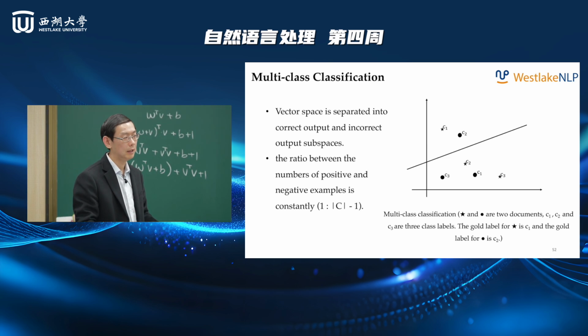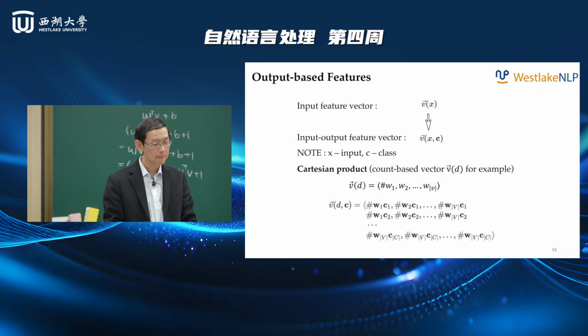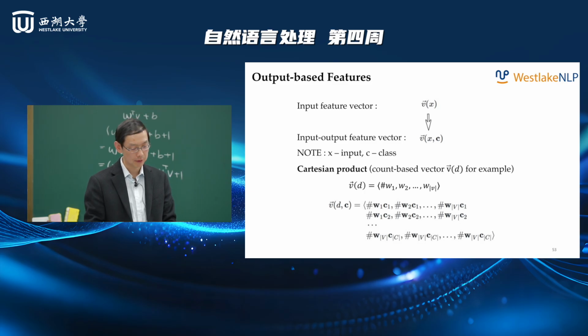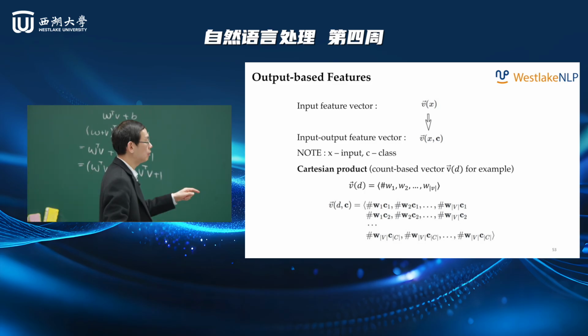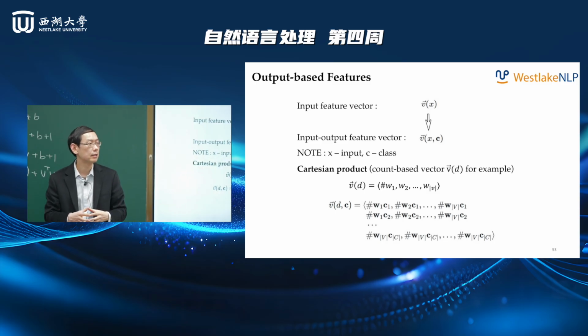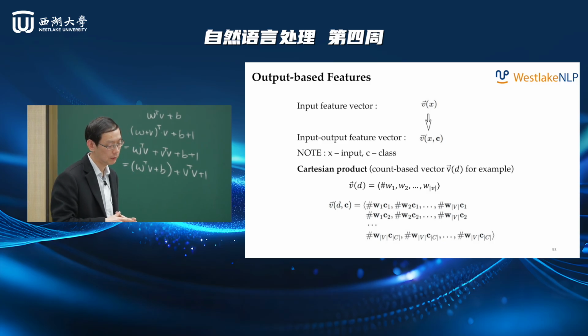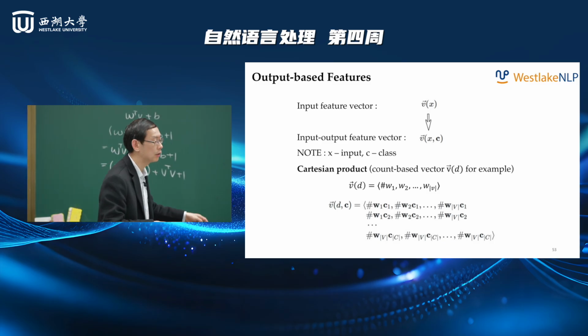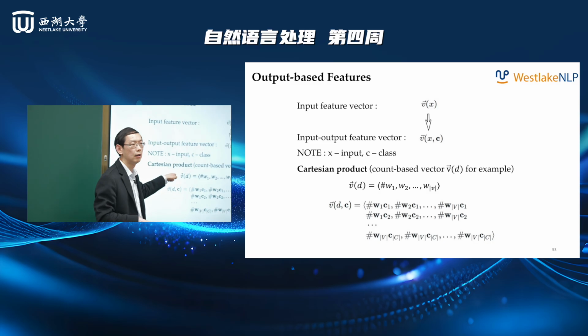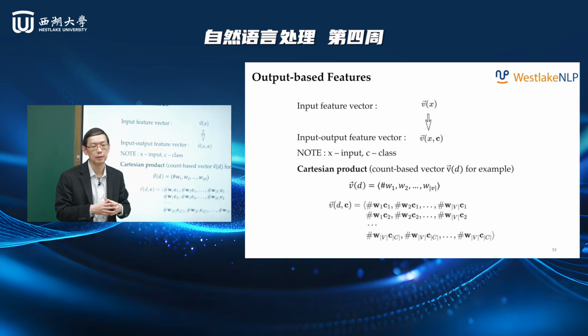And in this spirit, let us redefine. We have to change the representation. Originally we have Vx, right? Now we need to represent the whole thing with Vx and C. How do you turn a document and the class label into a vector? The document vector is like W1, W2 until WV, all the vocabulary words.